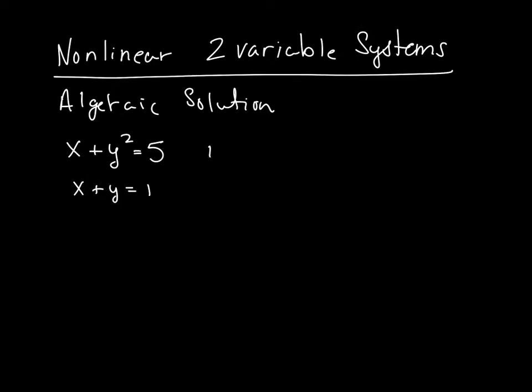All right, this first equation, equation 1, is a circle. Equation 2 is a line. When you're solving these, the best way is to pick one of the equations and use substitution into the other.